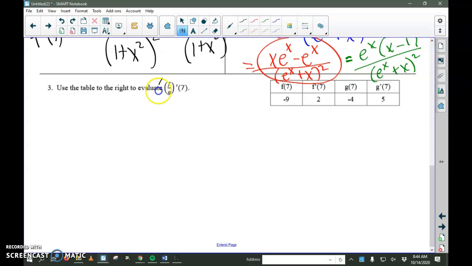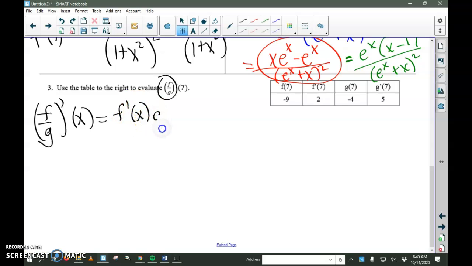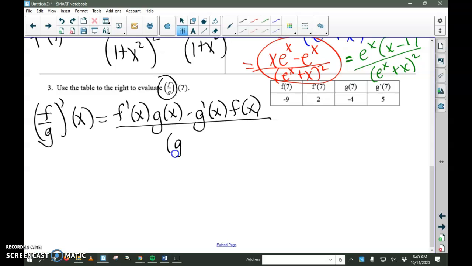So I could just go ahead and say that f divided by g prime of x would be this generic piece, where I would have to do the derivative of the top times the bottom minus the derivative of the bottom function times the top.